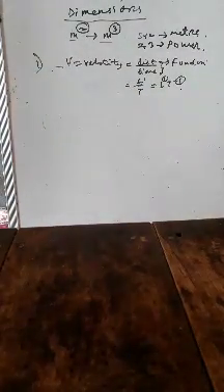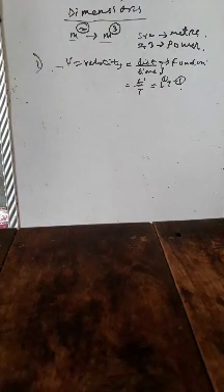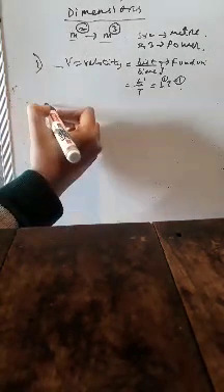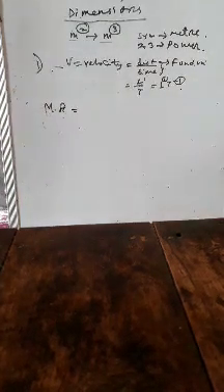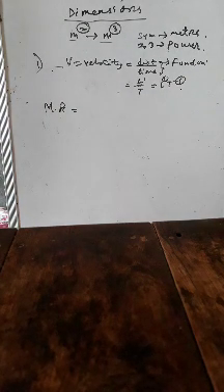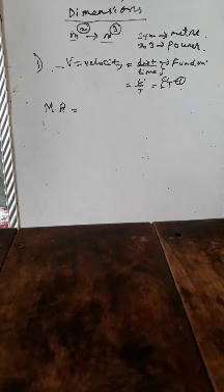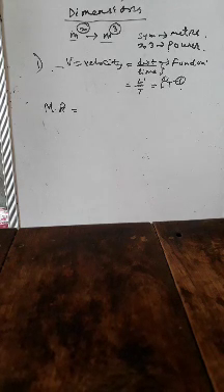Let us take one example. Suppose take the example of mechanical advantage of a machine. I hope you have heard of the name mechanical advantage. I am writing it short as M.A. So mechanical advantage of a machine is expressed by the ratio of two forces.